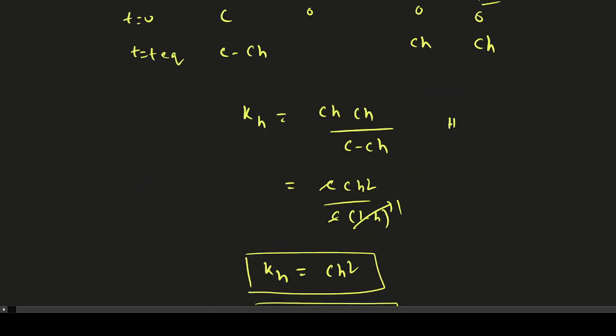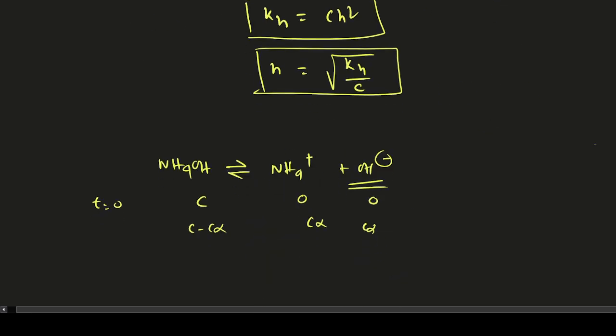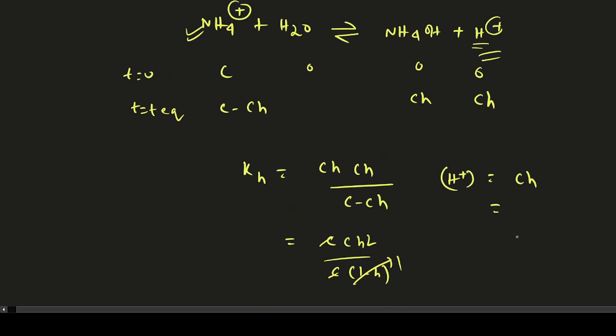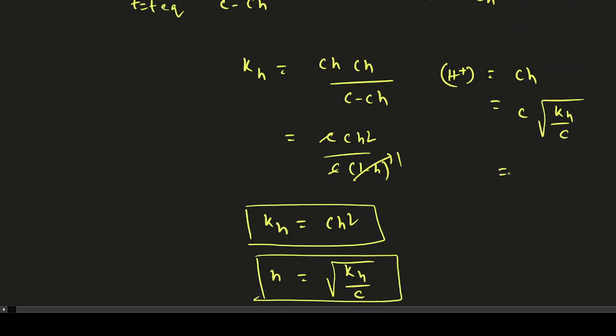So we need the H plus concentration, that is equal to C h, and the h value we know, that is root over KH by C. So if we multiply it, this will remain as root over KH times C, that is the H plus concentration.